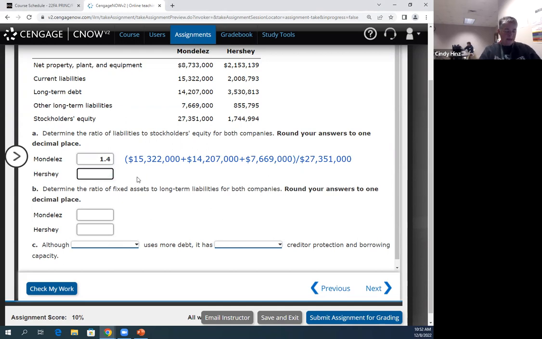Again, remember you need to add together all 3 of the pieces of the liabilities that they have provided to us there. And then divide by the stockholders' equity.